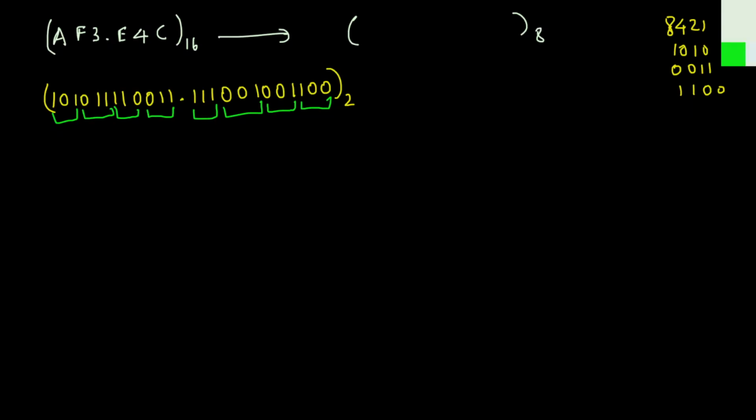So for binary to octal we use the 4 2 1 method for each group.